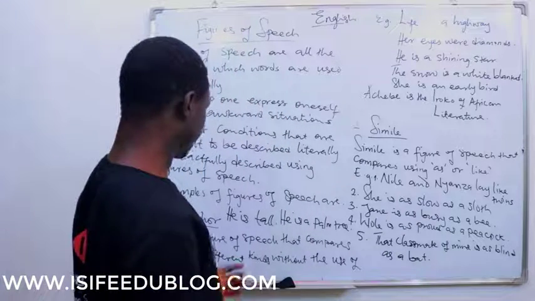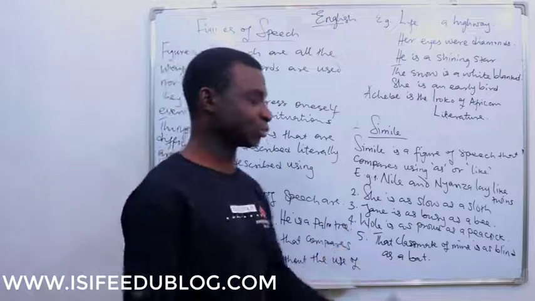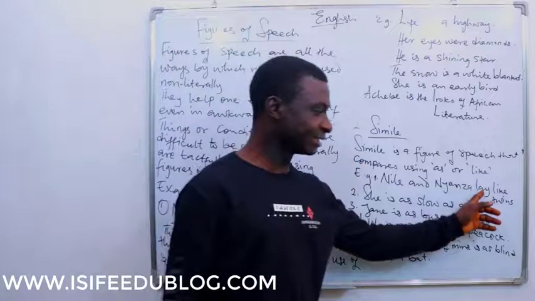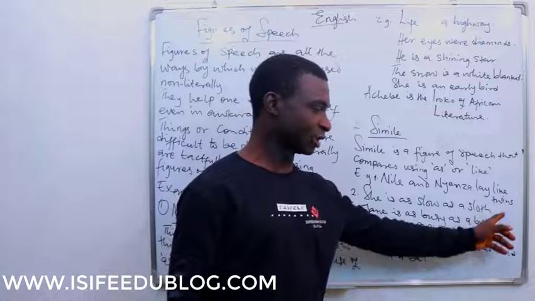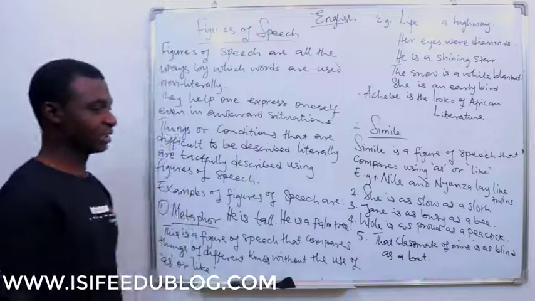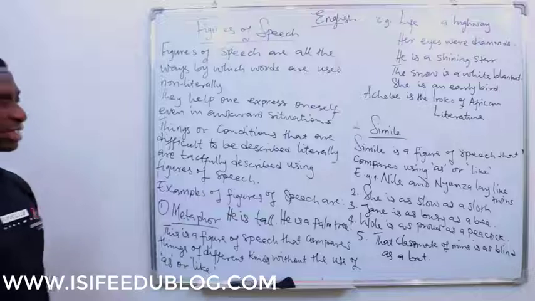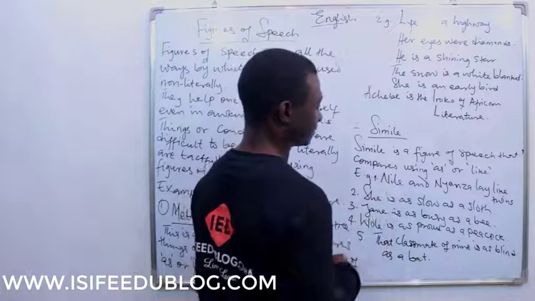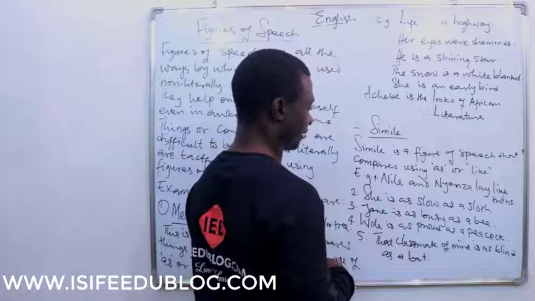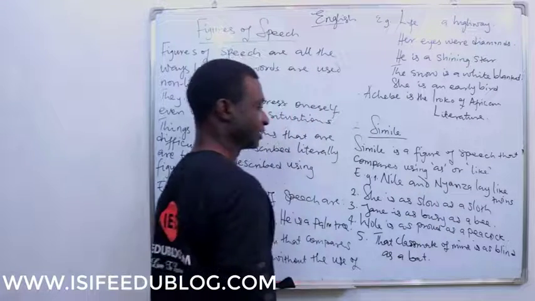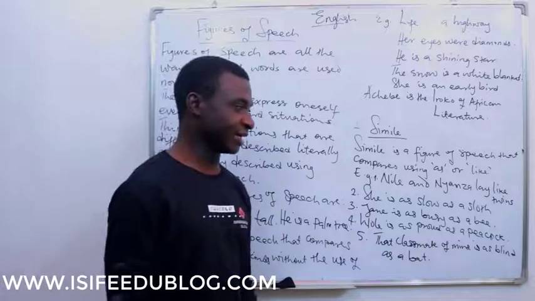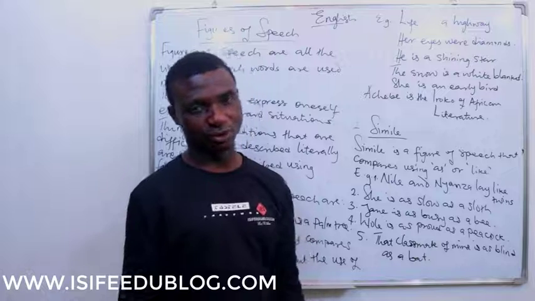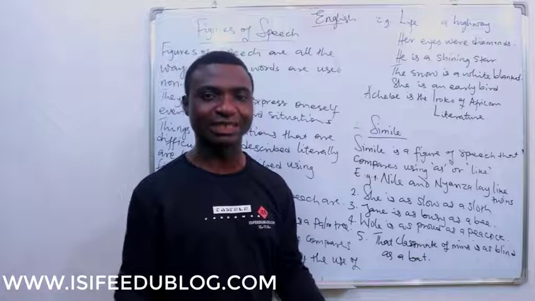Metaphor would simply say Nile and Nyanza are twins. But simile will say lay like twins, introducing what one looks like. Nile is a river, Nyanza is a river, and the two of them lay like twins. Twins, human now. So you see what I mean? You compare with things that are not the same.